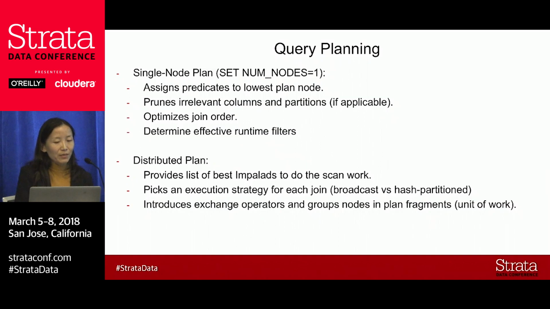Same thing for partitions. After analyzing the query, if a partition is not needed for the execution, we can just prune it. And at the single node layer, we calculate each join level to see the cardinality and decide the join order.